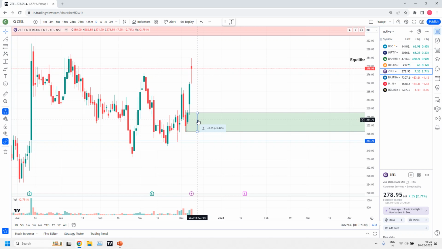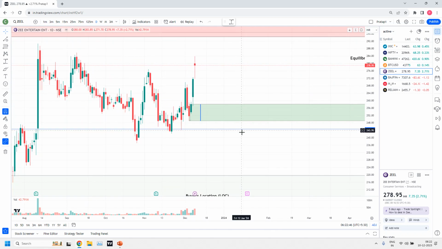After completing all the concepts, I will tell you the exact maximum acceptable figure for accepting the risk. But for the time being, remember, this zone has a 3.42% risk.